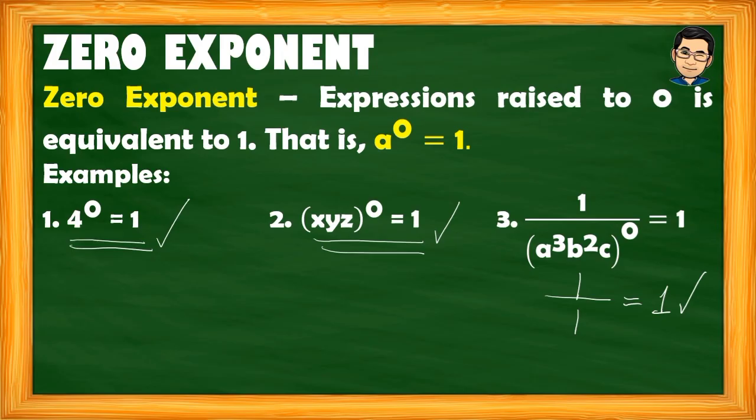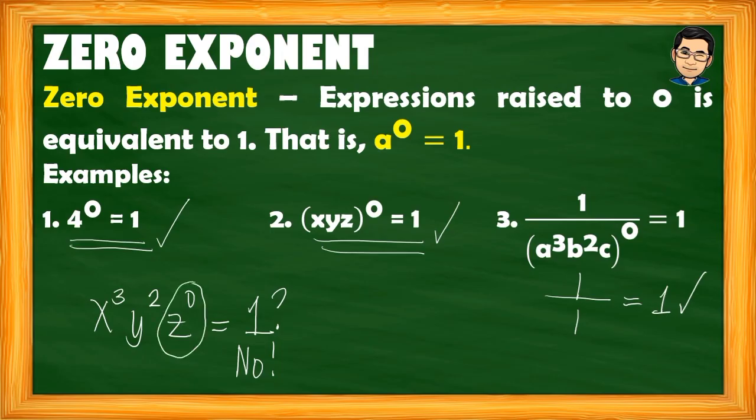What if ganito siya? X cubed y squared z raised to the 0 power. Ayan. So, is the answer 1? No. Hindi po 1. It's because ang naka-raise lang po sa 0 is yung term or yung variable na z.